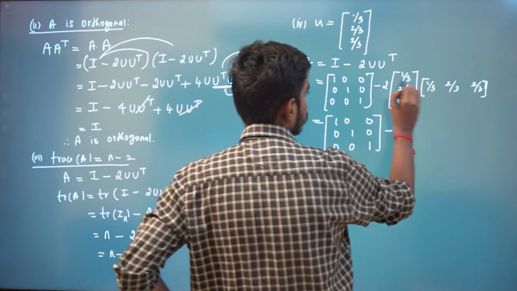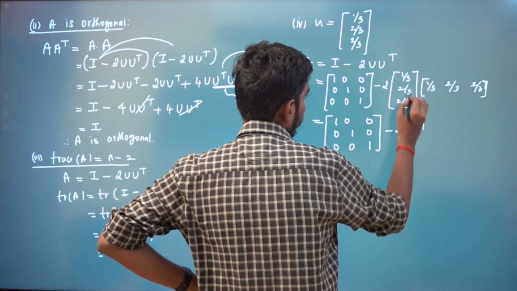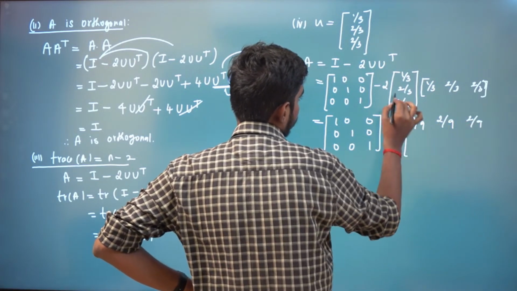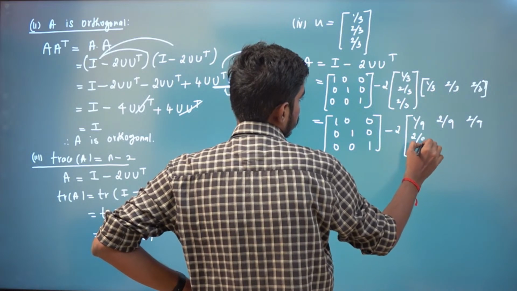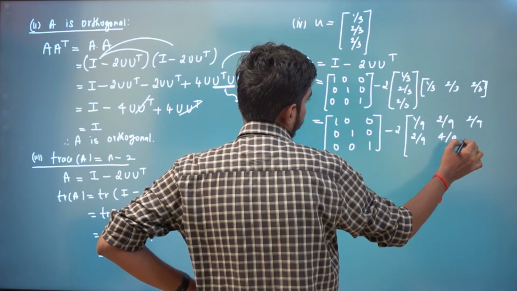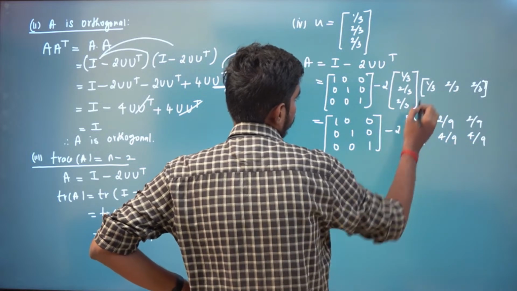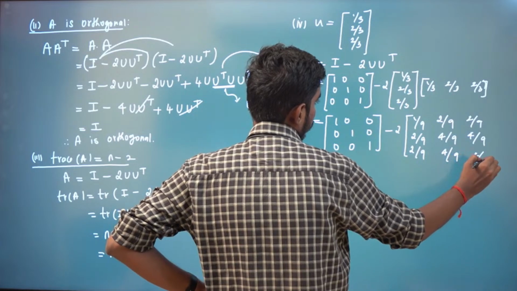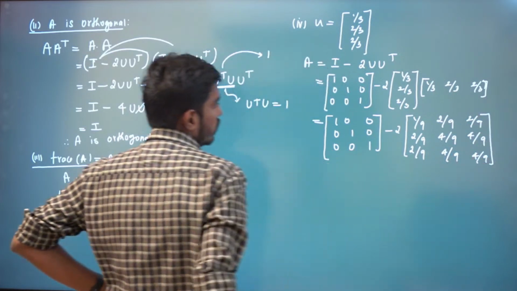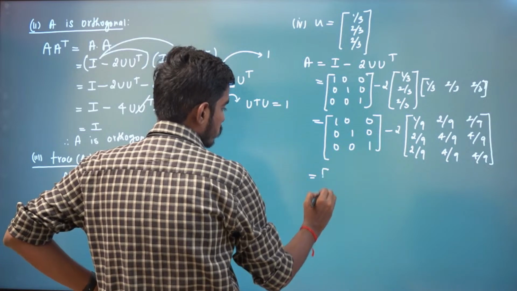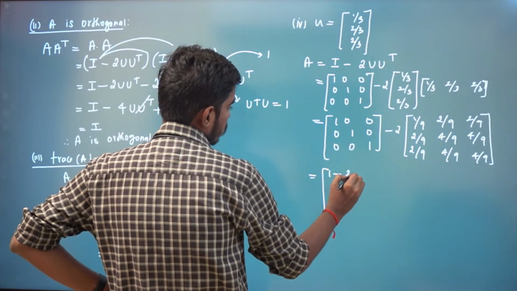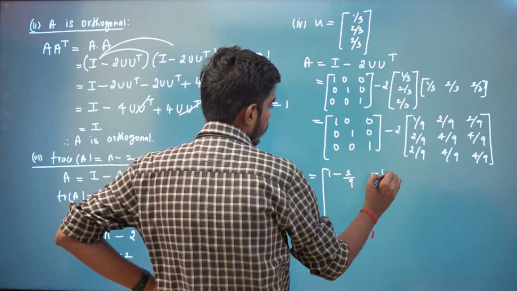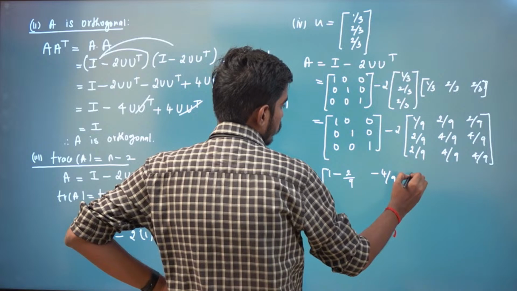So this row, this column: 1 by 9, 2 by 9, 2 by 9. This row, this column: 2 by 9, 4 by 9, 4 by 9. Again, this is 2 by 9, 4 by 9, 4 by 9. Right. Now this is equal to what? 1 minus 2 by 9, 0 minus 4 by 9, 0 minus 4 by 9.